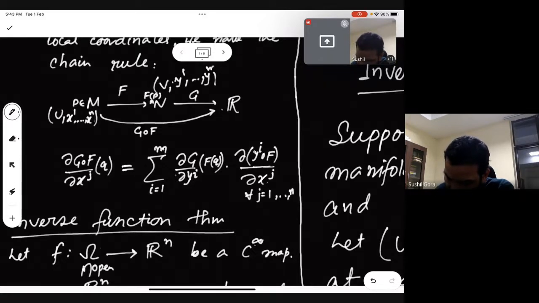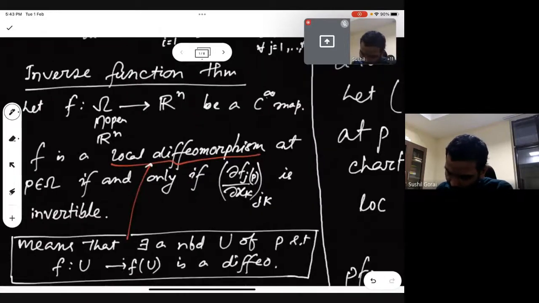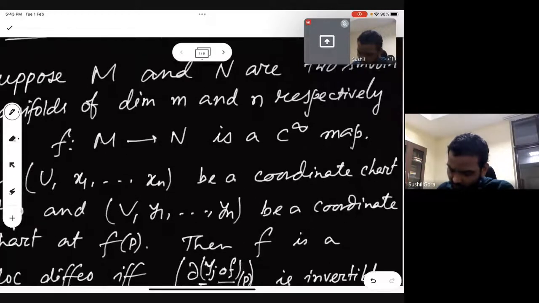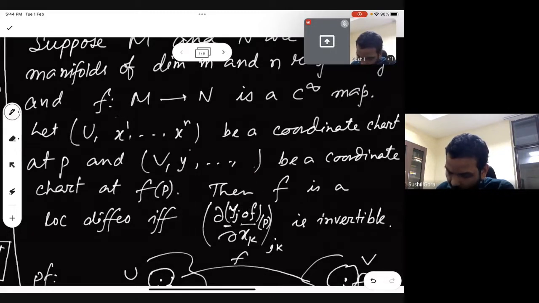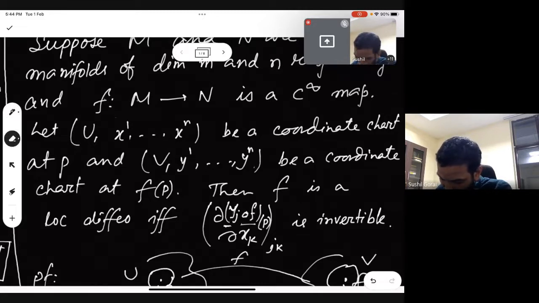I have taken this up to m. Similar thing here: x^1 up to x^n and y^1 up to y^n, where the subscript just gets changed to superscript. y^j compose f, x^k.